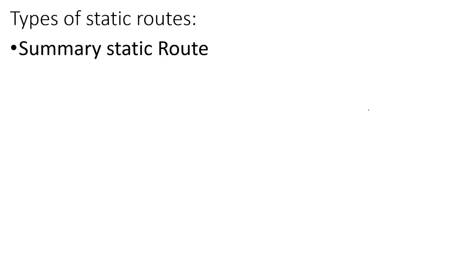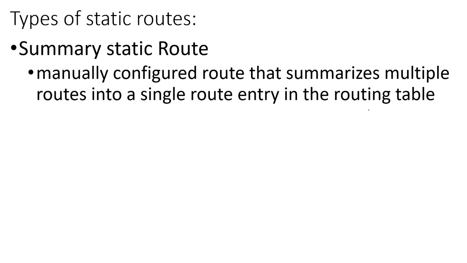Another type of static route is a summary static route. This is a manually configured route that summarizes multiple routes into a single route entry in the routing table.